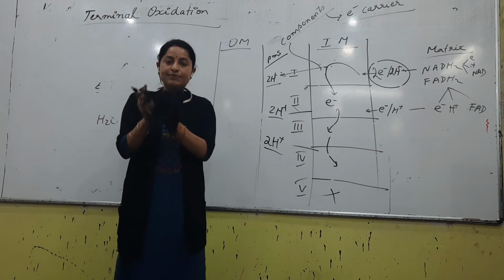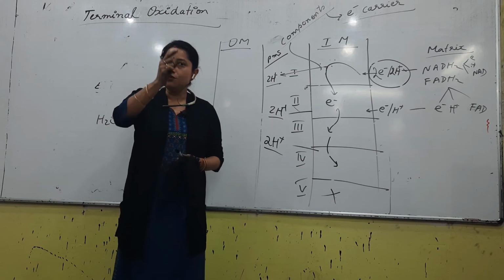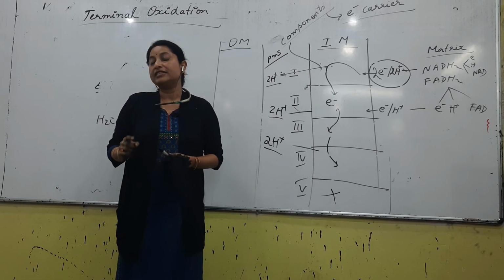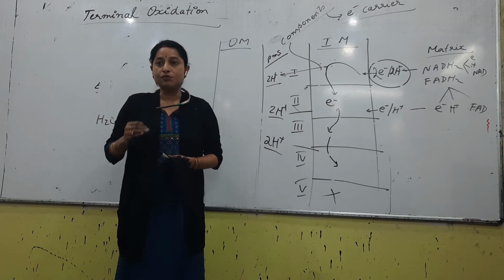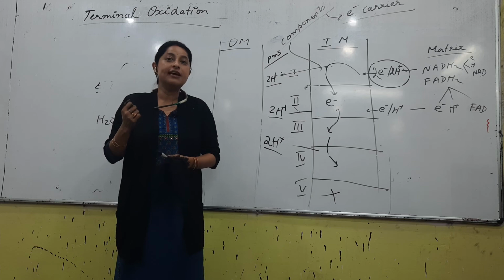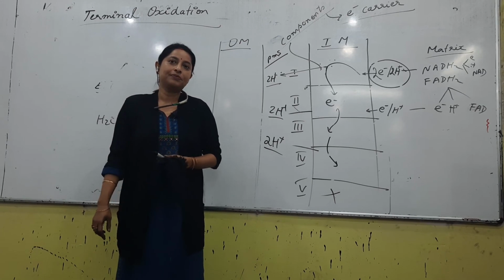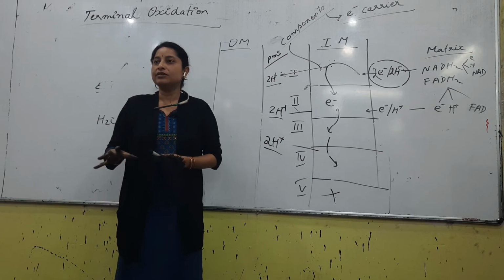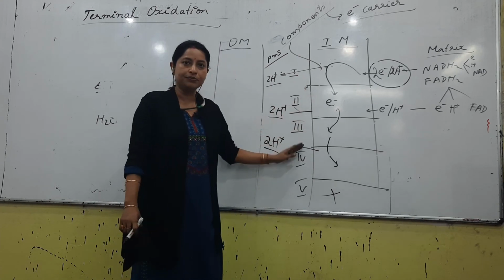The electrons and protons come to the inner mitochondrial membrane. When they move from one complex to the other complex, they push out the protons. How many times? They will push out 3 times. That is the reason why NADH2 produces 3 ATP. The protons are responsible for ATP production. We'll talk about it later. As of now, understood? Okay.